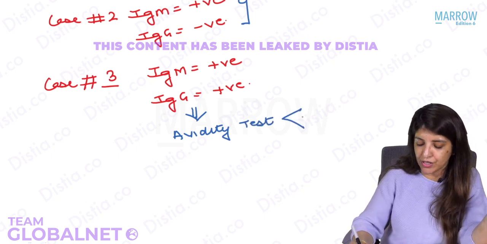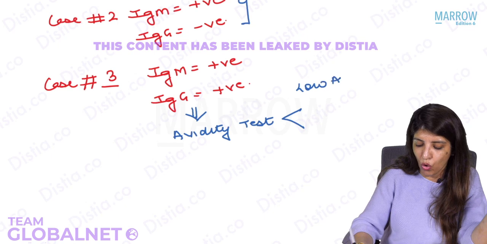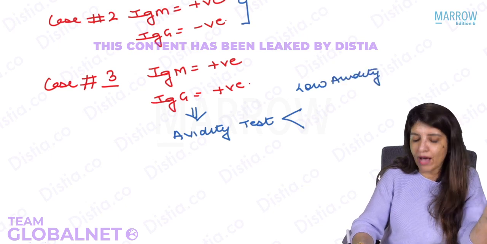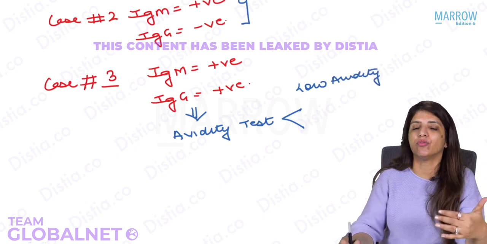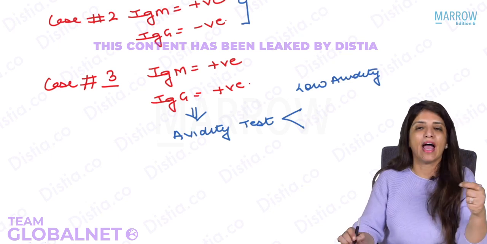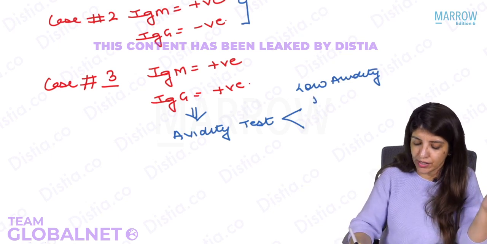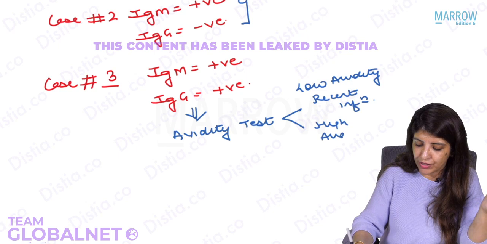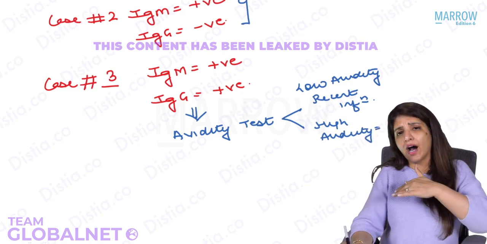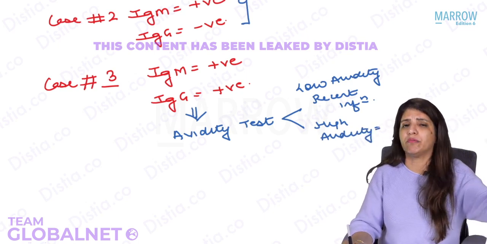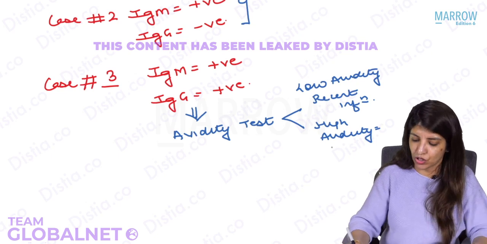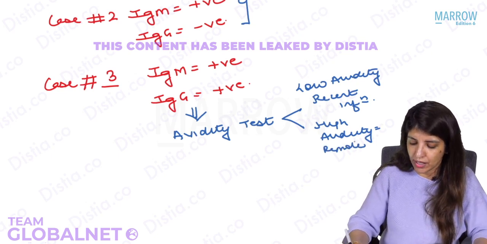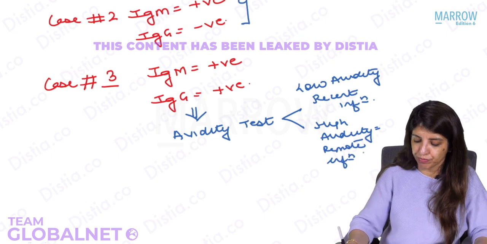Remember, in the avidity test, low avidity means less interval between infection and the test, so it indicates a recent infection. High avidity means a long interval between the test and the infection, so this indicates remote infection.